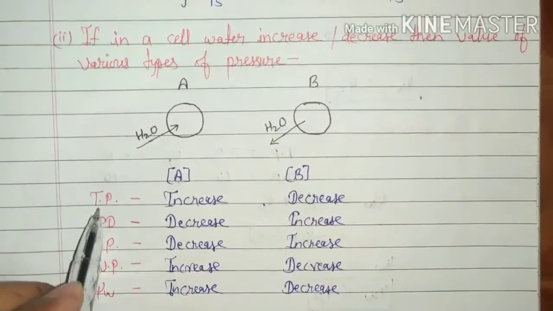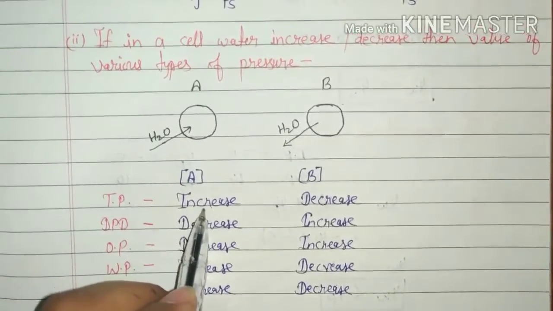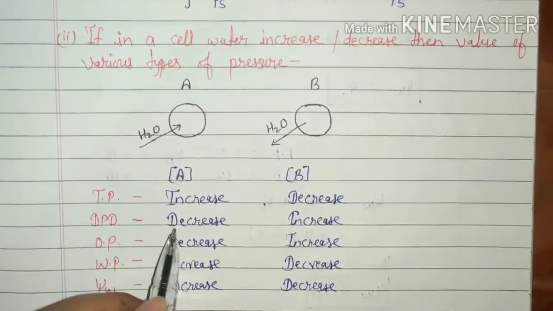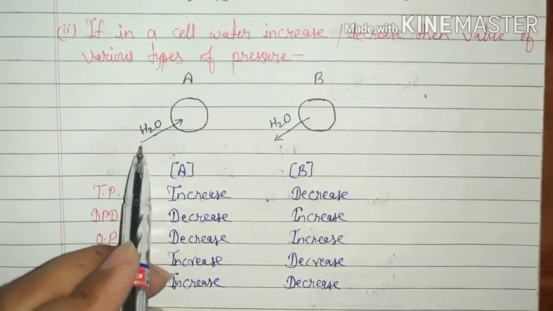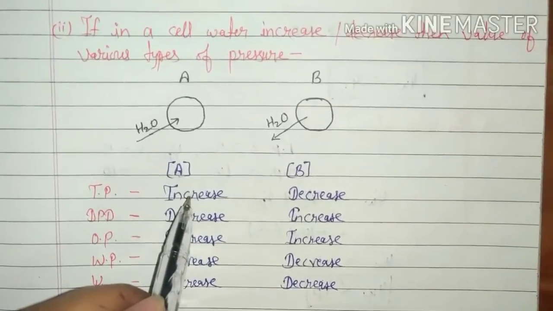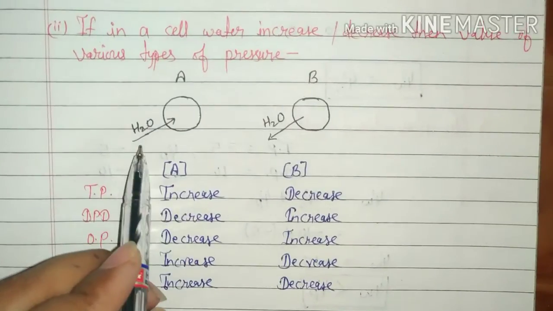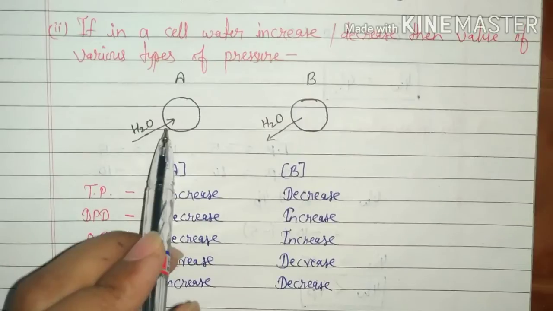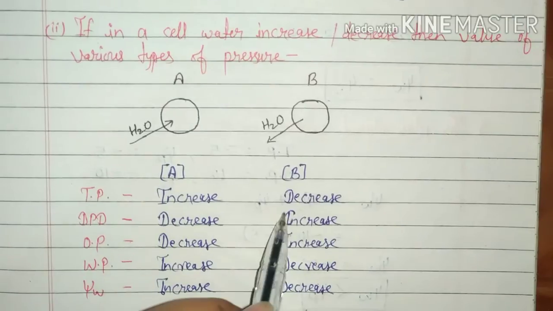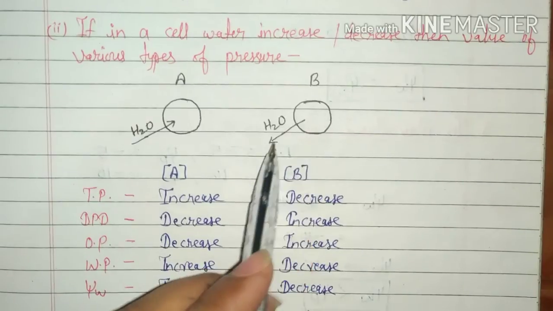Due to endosmosis, turgor pressure in cell A increases and in cell B decreases. DPD in cell A decreases due to entry of water molecules, because the demand of water in cell A is fulfilled by the continuous flow of water inside the cell, and in B, DPD is increased due to loss of water.